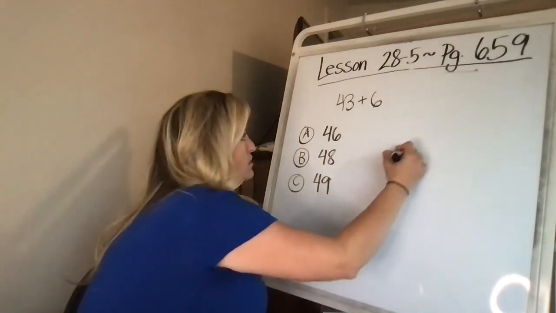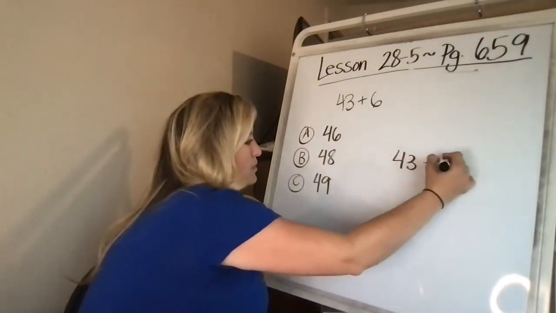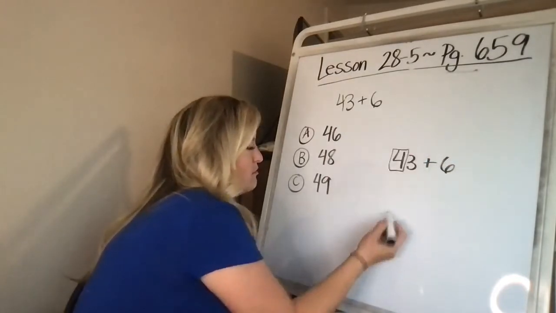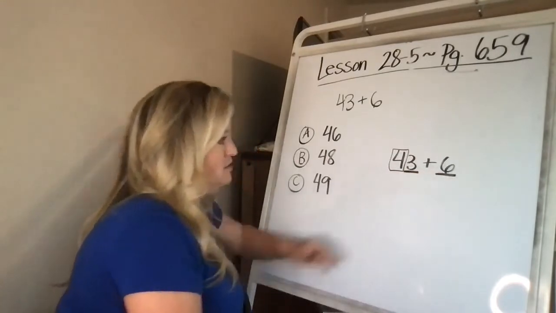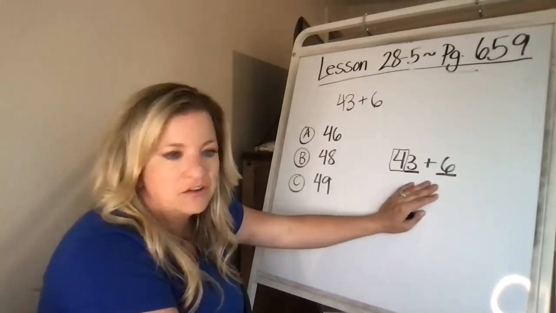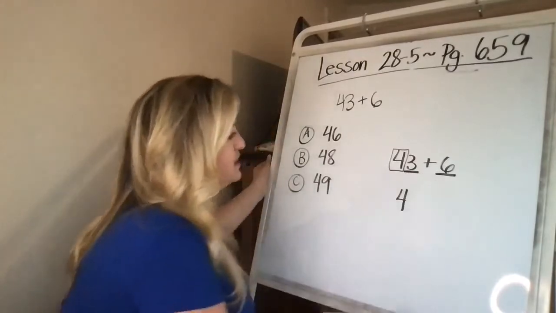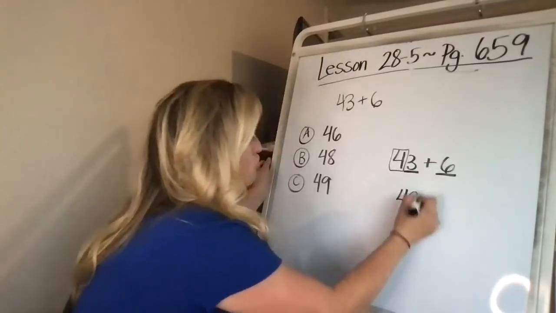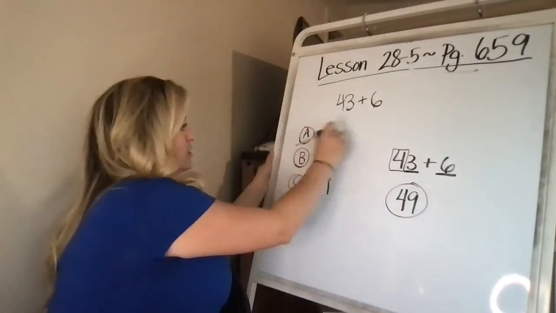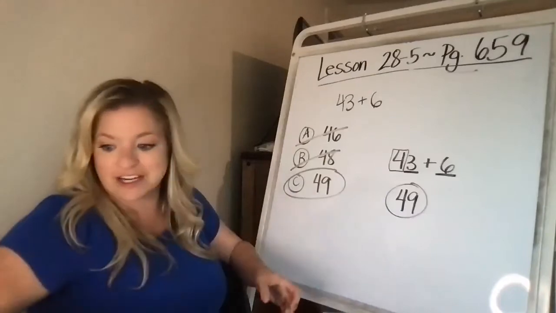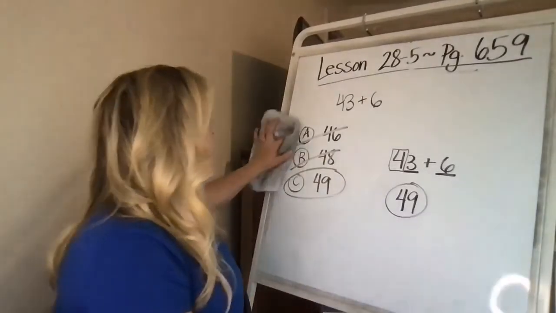So 43 plus 6, put a square around the tens, underline the ones. There's no 10 over here, so it stays the same. It's going to be 40. 3 plus 6 is 9. 49 is your answer. Letter C is correct. Good.